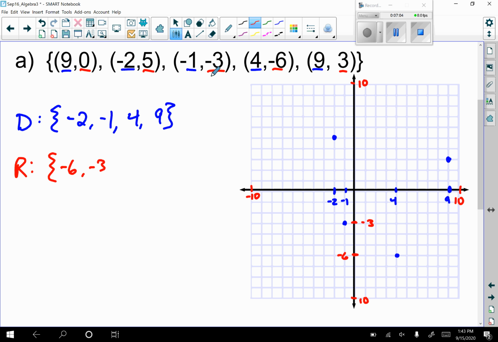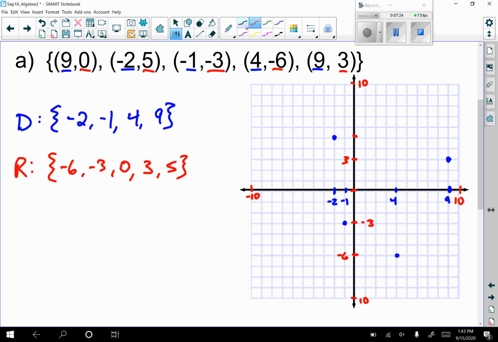After that, we have a 0. So we would have a point right here at 0 on the x-axis. As we keep climbing up, we have another point here at 3. And then our highest point here is at 5. So we didn't have any repeat. All of our y values showed up separately.